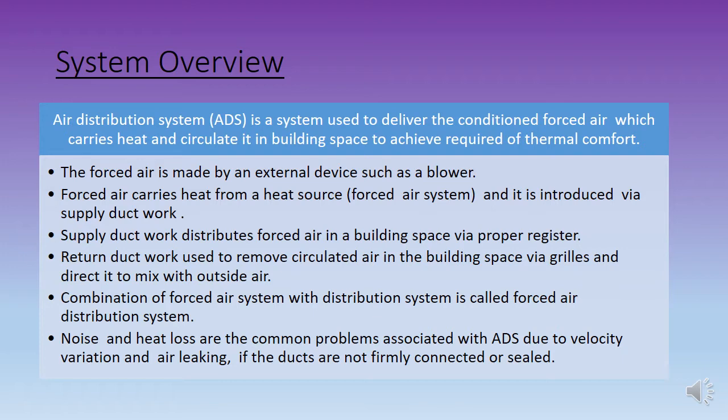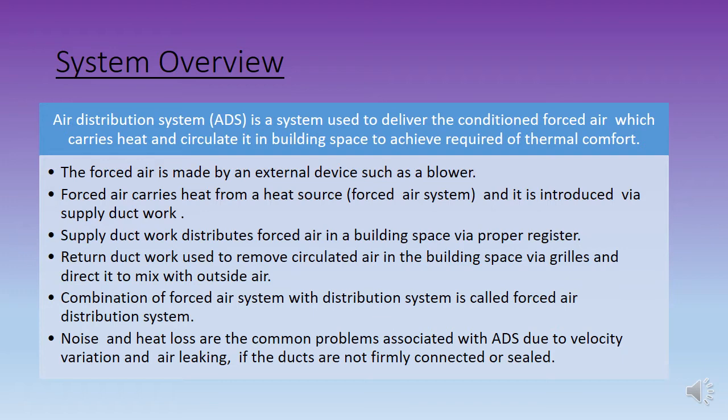And the combination of a forced air system with a distribution system is called a forced air distribution system. Normally, variation of velocity and air leaking produce noise, and also cause heat loss.